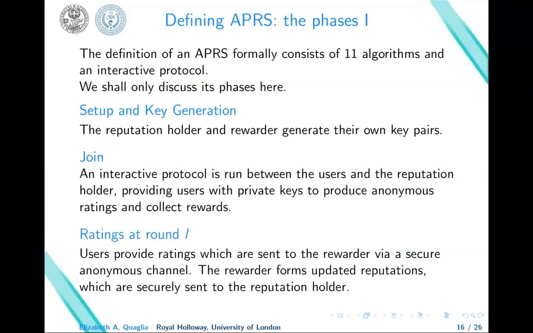And then there's the ratings phase. So this rating happens at round L. As we said, the feedback is provided alongside the reputation to the rewarder, and the rewarder forms updated reputations on the users whose feedback has been provided on, and this is sent to the reputation holder.